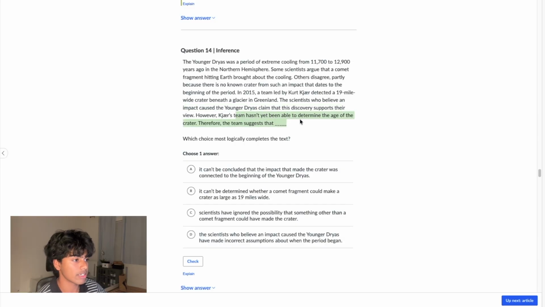However, they haven't been able to determine the age of the crater. It can't, so therefore, it can't be concluded that, well, it's not this, because this has nothing to do with age, nothing to do with age. So it's gotta be this, because this has to do with the beginning, age.